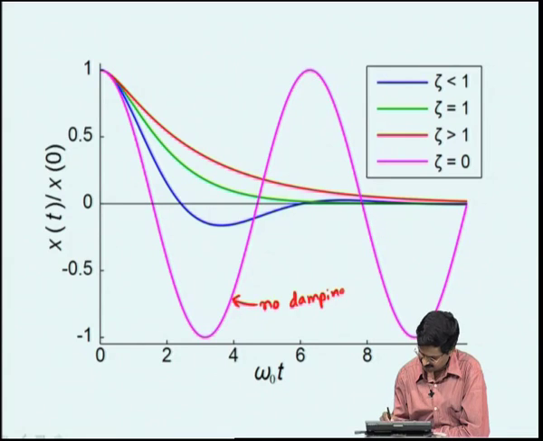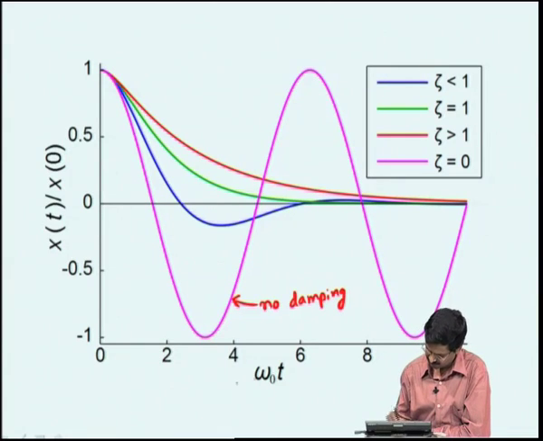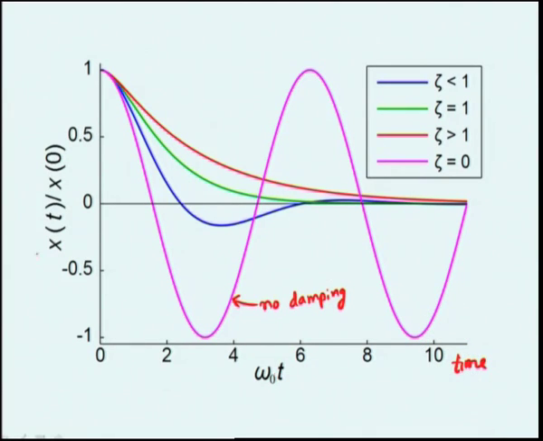So, this means that if I start out, we are showing here time, just multiplied by omega naught, does not matter, and here we have the ratio of x(t) at any time t divided by what it was at the beginning, just normalized. So, if we start here, it will just keep on oscillating, that is, if I have a pendulum, it will keep on moving with the same amplitude that you set out with at the beginning. If there is no damping, it will just go on.